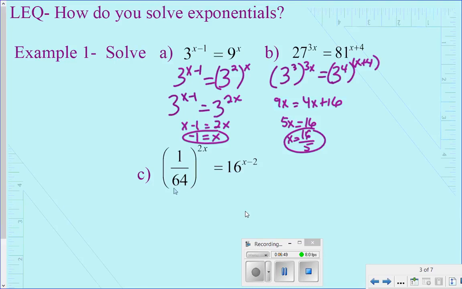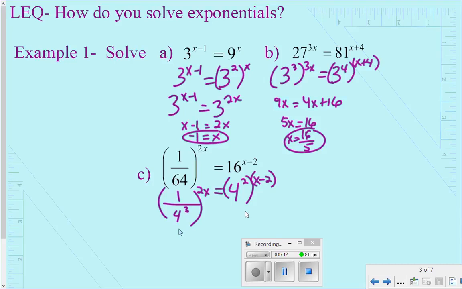So I'm going to rewrite, first of all, the right-hand side is easier, so I'll start with that. So 4 squared to the x minus 2 power. And again, I'm pretending for a moment that 1's not there, so I'm just going to copy the 1, and I know that 4 cubed is 64, and that's the 2x power. So I don't have the bases the same yet.